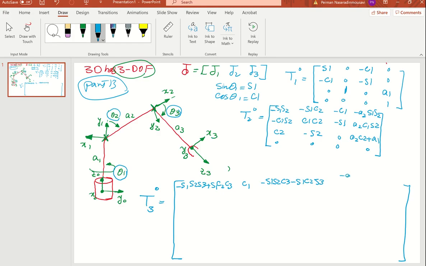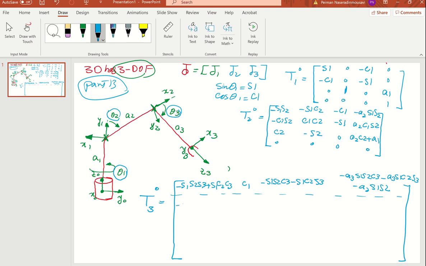Remember, minus a3 s1 means sine, s2 c3 cosine minus a3 s1 cosine 2 s3, and here was minus a2 s1 s2. Now the next line, this is the first line, that's right.